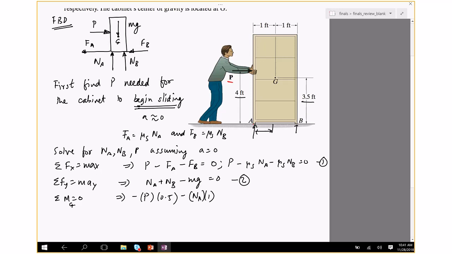NB is to the left. It also has a moment arm of 1. NB produces a counterclockwise torque about G, so it's positive.